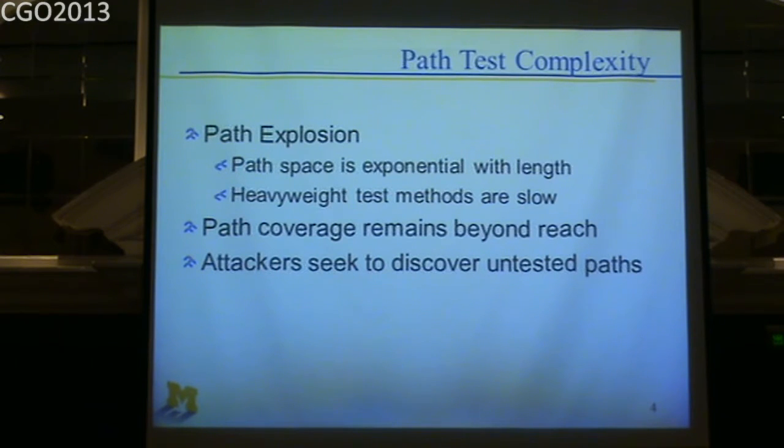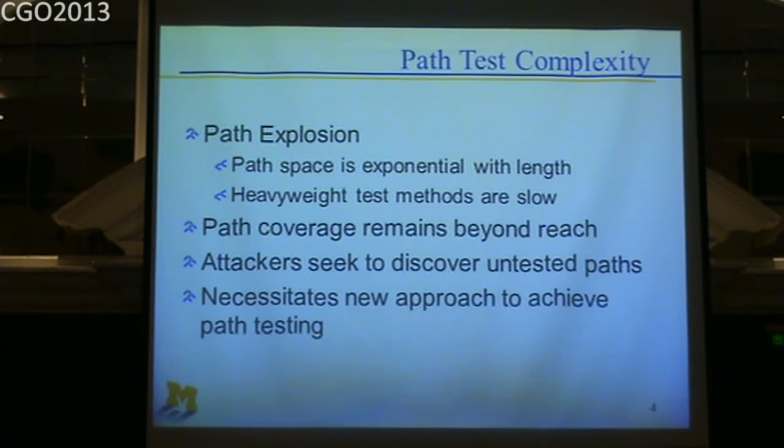And so the result of these factors is that comprehensive path coverage for test currently remains beyond reach. But all the while, attackers are still seeking to discover untested paths. And so this necessitates a new approach to achieve path testing.